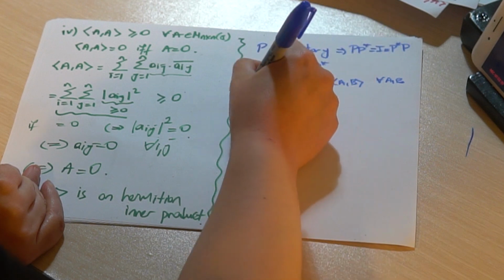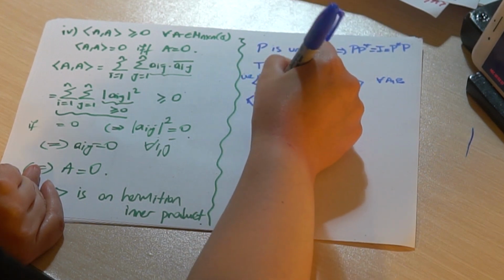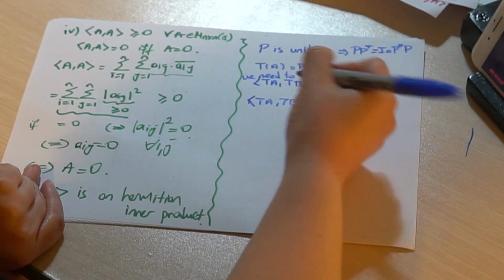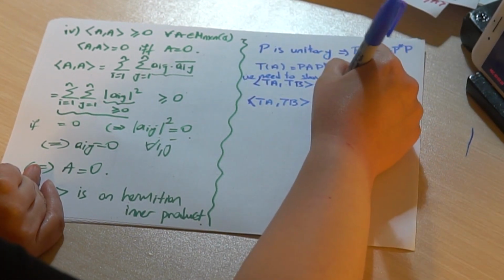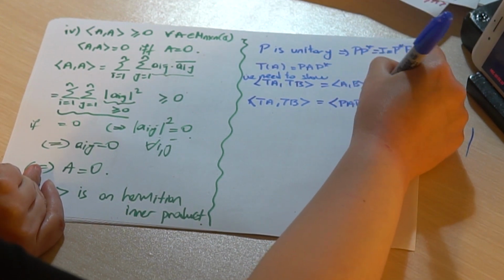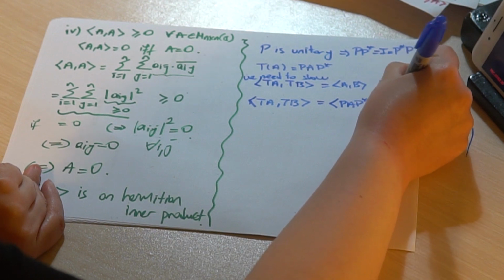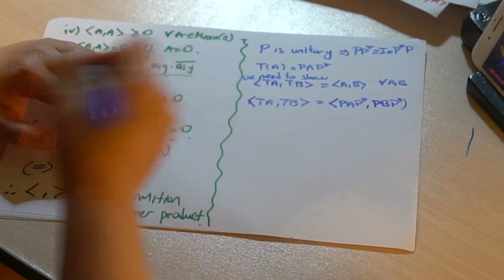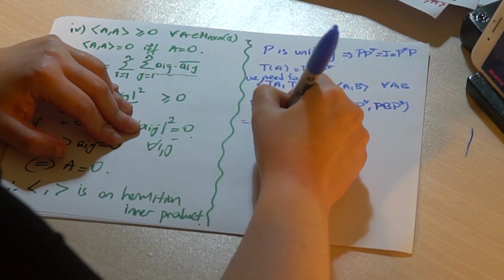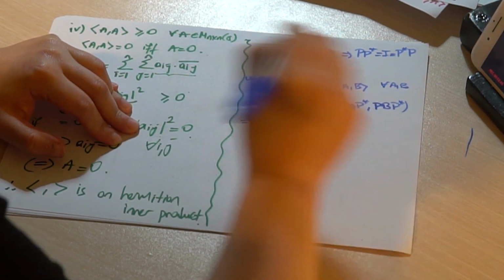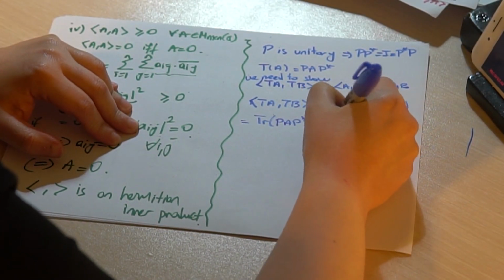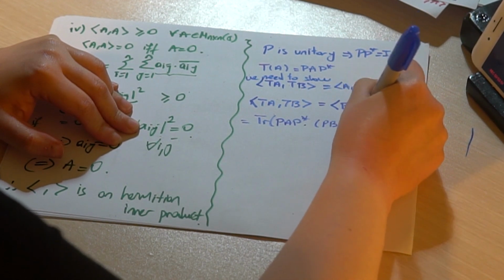Now we have T(A) times T(B) is equal to, T(A) was P A P adjoint, T(B) is P B P adjoint. So this is equal to trace of P A P adjoint, adjoint times P B P adjoint.